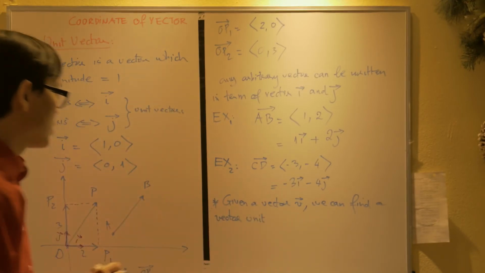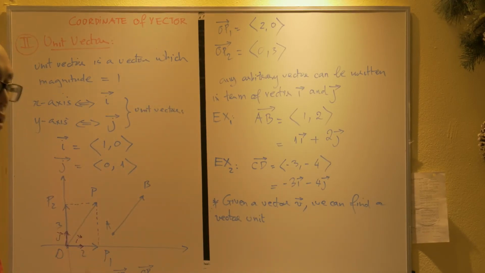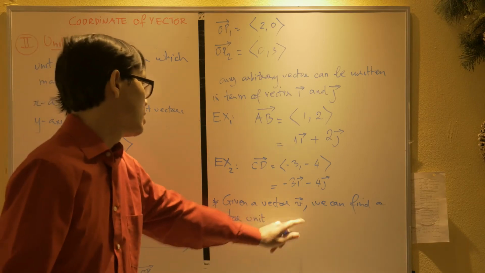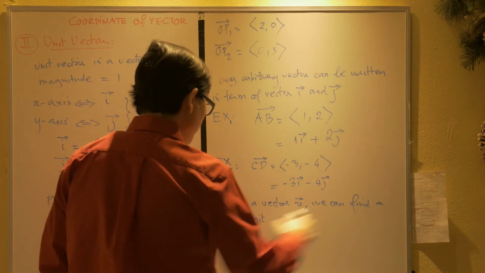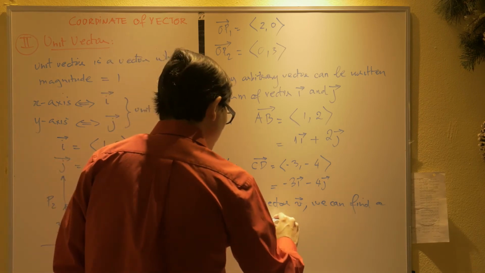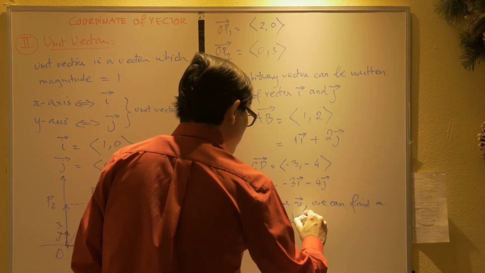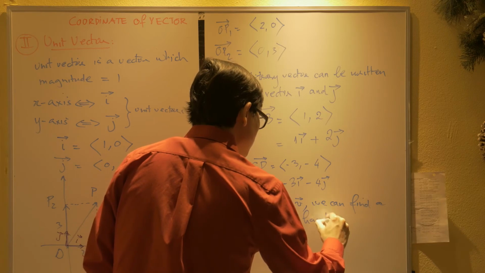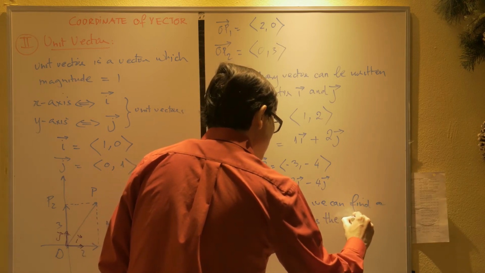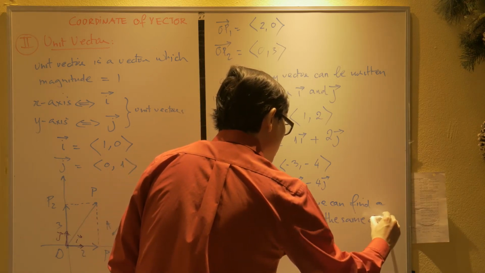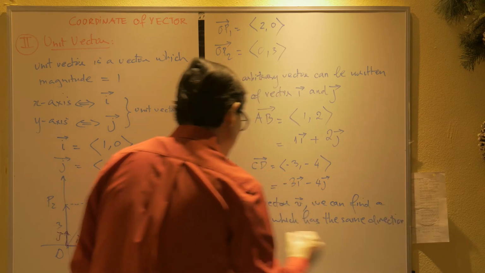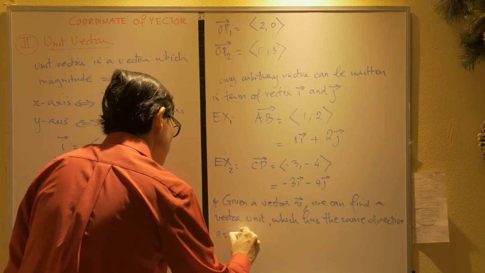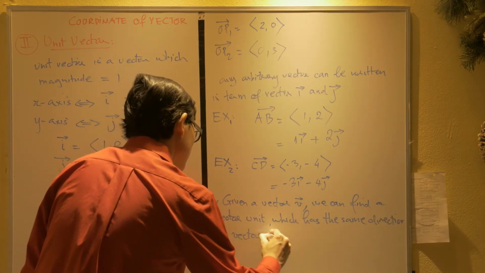And this unit vector, of course, has magnitude 1, and it has the same direction as vector v.